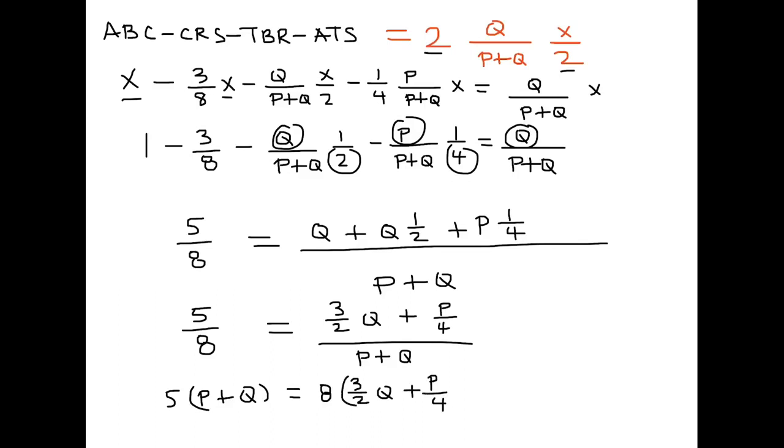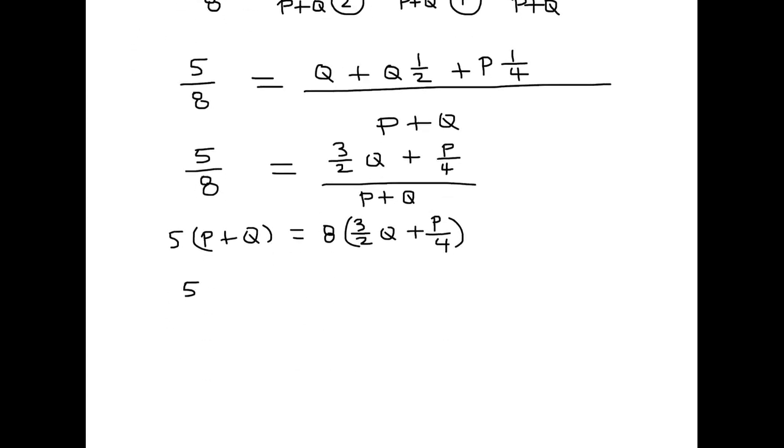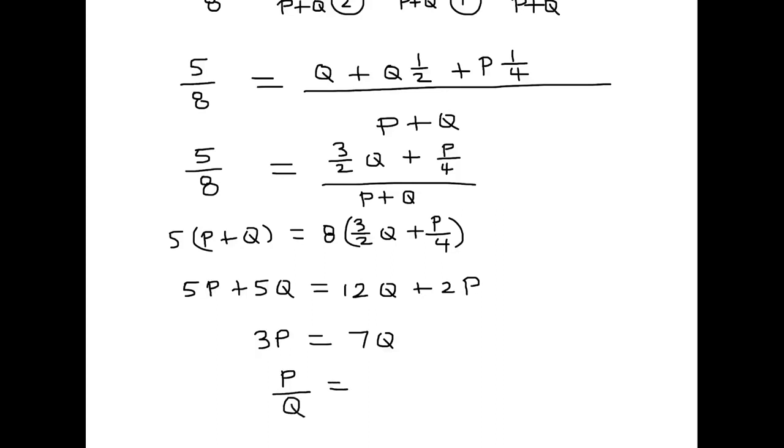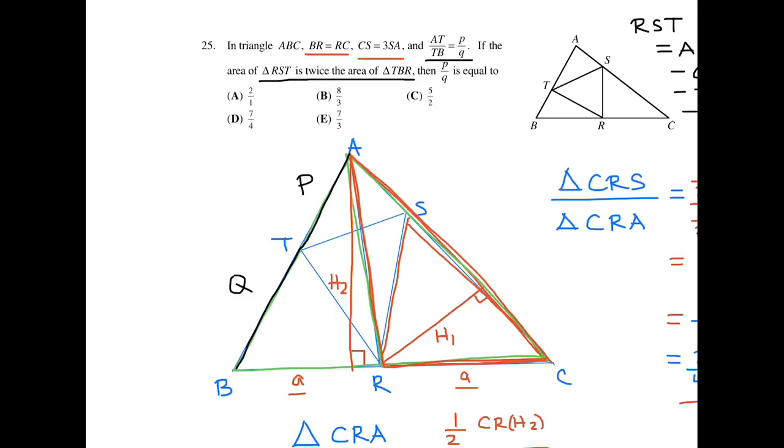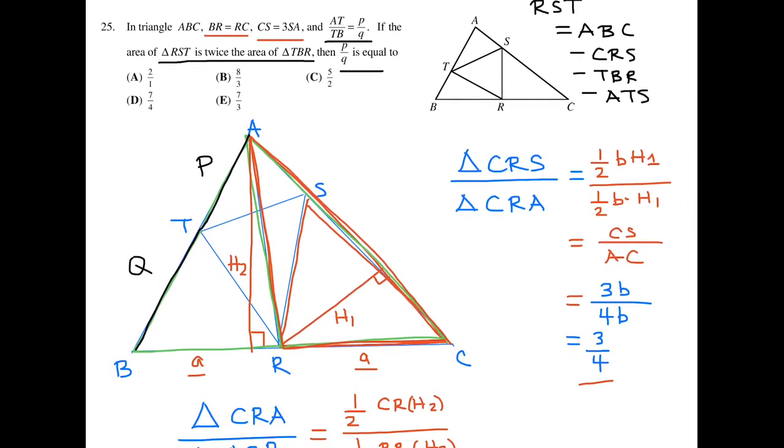So we have 5P plus 5Q is equal to 12Q and 2P. So we have 7Q is equal to 3P, and therefore P/Q is 7/3. This is what they were asking, P/Q. If you go back to the very beginning of the question, they were asking for P/Q, and we got 7/3, so the answer is E.